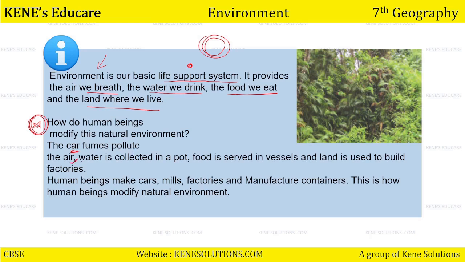The smoke that comes out, you may not be able to see it, but there is always smoke coming out of the silencer of the car which pollutes the air. Correct? Water is collected in a pot. Food is served in vessels and land is used to build the factories.